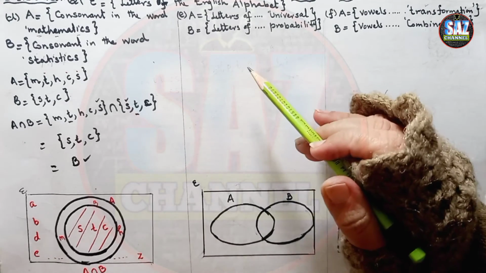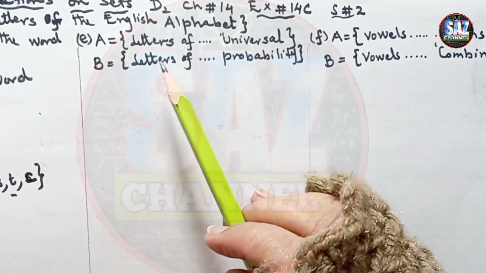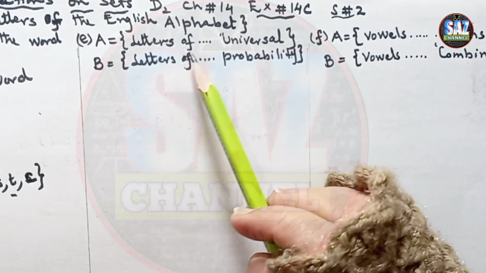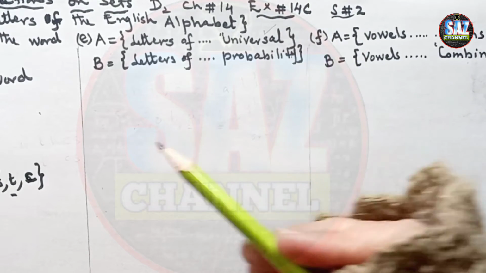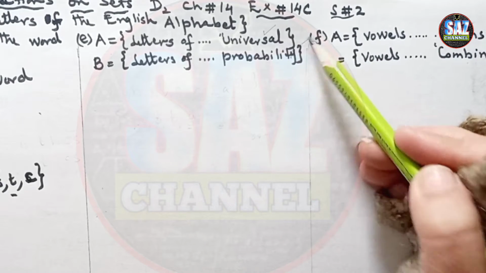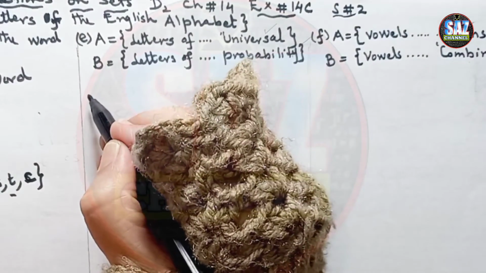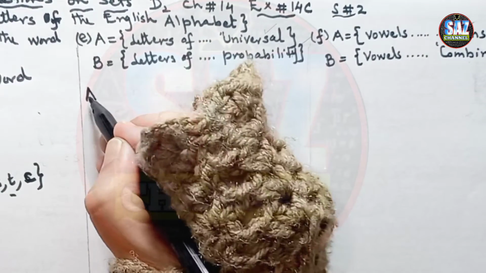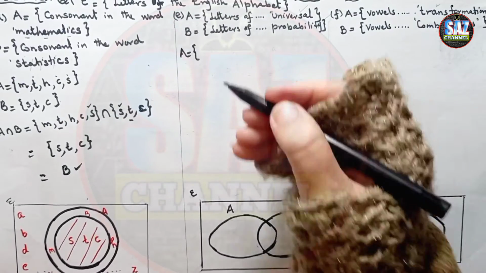The next part is the set A contains the letters of the word universal. And set B contains letters of the word probability. So it means, first of all, I have to write the sets A and B in their elements form. I have to write the letters of universal.